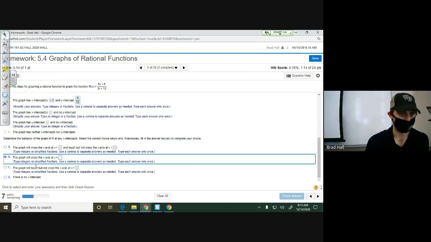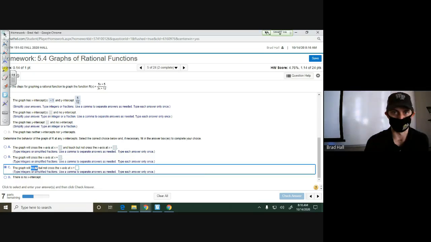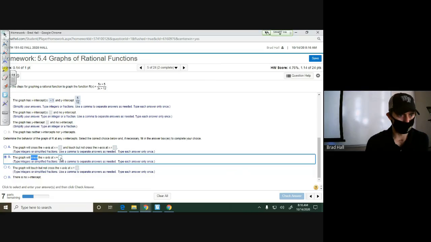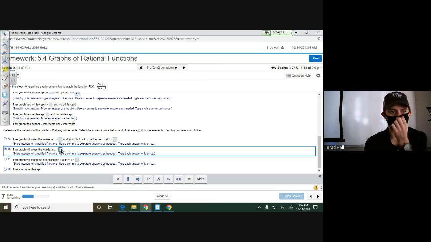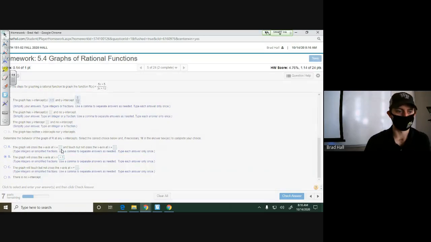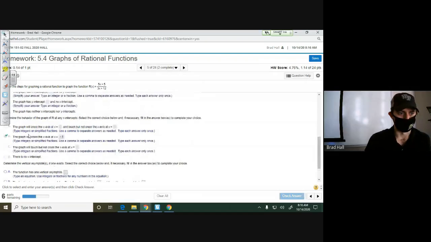Anything that talks about touch would not be relevant here. So just simply cross. And what was the value in question? It was -1. I'm choosing the graph will cross at x is equal to -1 because that was the x-intercept.